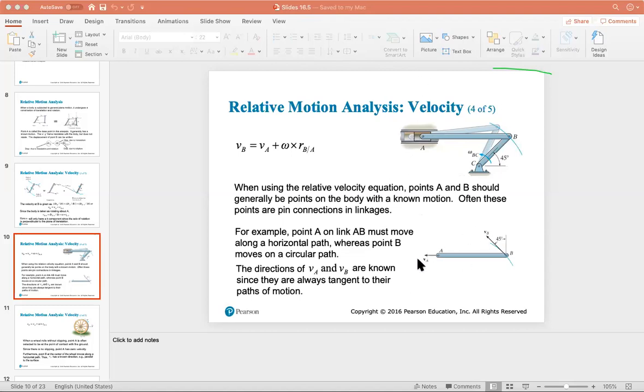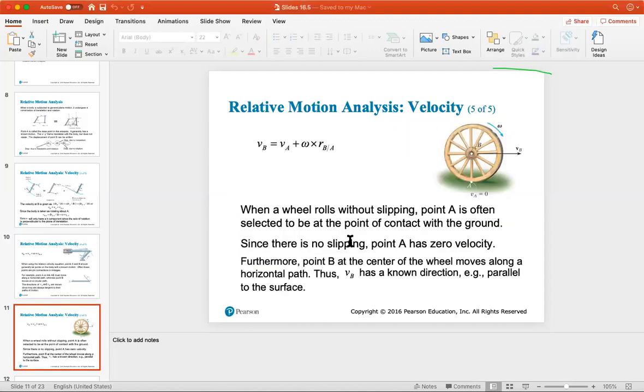The other type of example that they talk about several times in the chapter is when you have a point which is not sliding, so it's a fixed point.